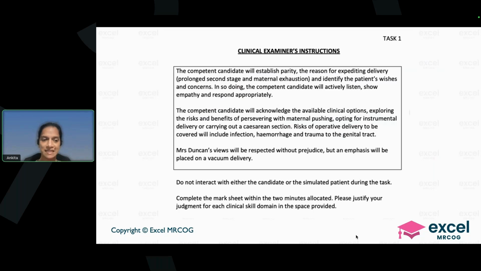Typically in the tasks, they will not have a patient who is just unnecessarily stubborn. And see, for example, in this case, if you do not ask her what is it about forceps delivery that she's concerned about, she may tell you something like, my friend had a forceps delivery and she had a tear. That is why I don't want a forceps.